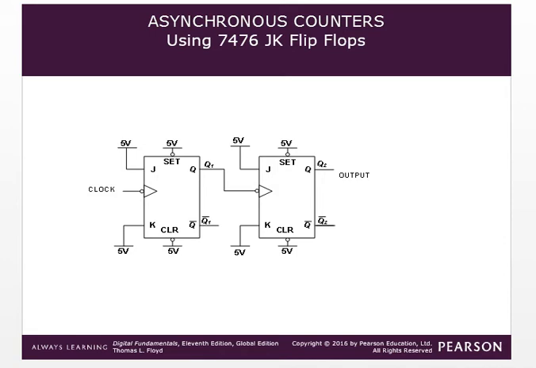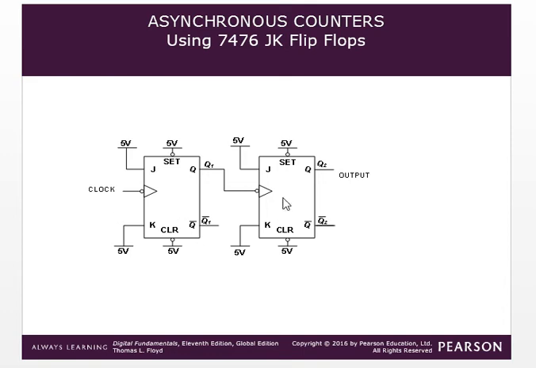Here this is the asynchronous 2-bit counter, with two JK flip-flops: flip-flop 1 and flip-flop 2. As I told you, J and K are 5 volts, that means logic 1, and the clock is given.